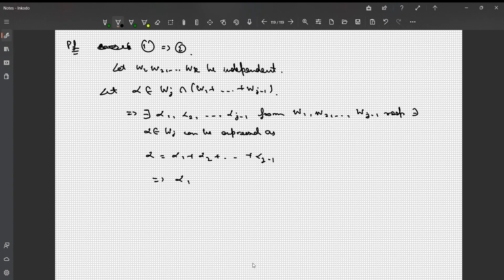But from here we can have this expression, right? So it can be written as alpha 1 plus alpha 2 till alpha j minus 1 plus minus of alpha, because alpha belongs to Wj.